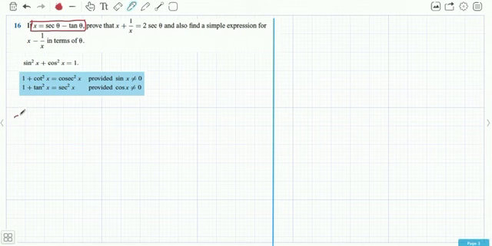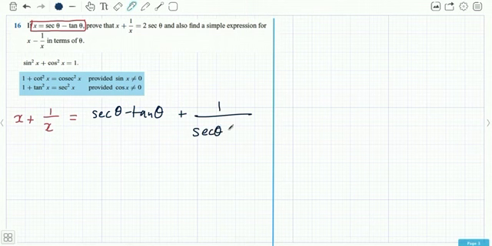So effectively what you've got here is a substitution. So instead of writing x in those places, you're going to write the sec theta minus tan theta in place of x plus 1 on, and you'll put the sec theta minus tan theta underneath. Okay. Now this is one of those instances where you want to get a common denominator.